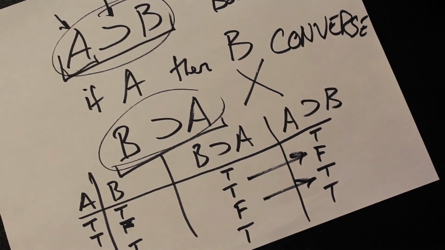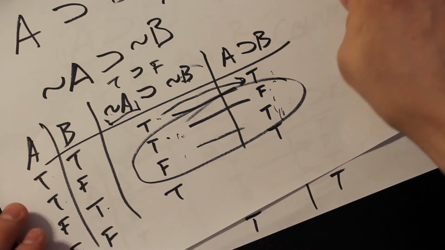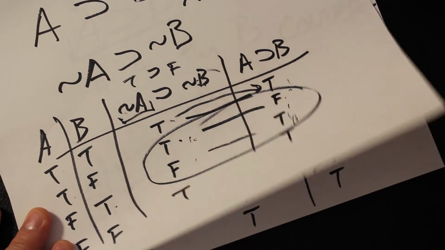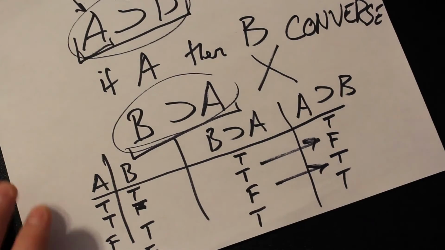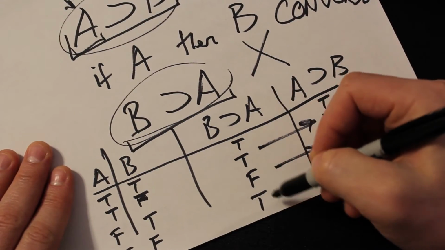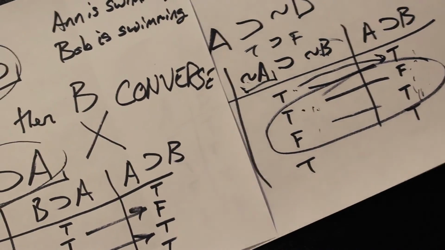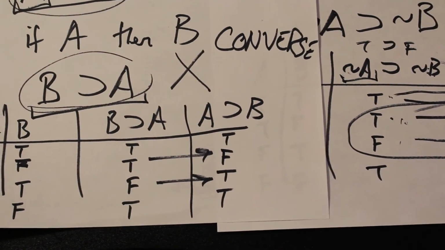But you might notice something about the inverse and the converse. The inverse says true, true, false, true in its truth table, and the converse says true, true, false, true. So in both cases, the inverse and the converse are logically equivalent to each other.